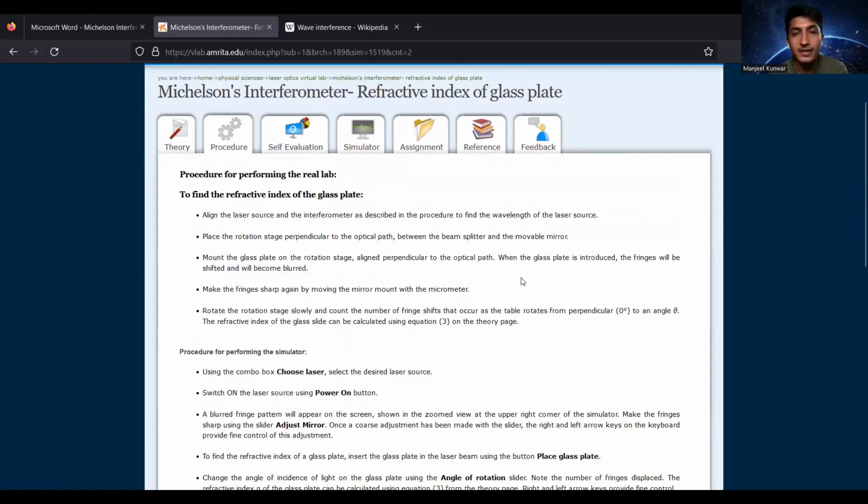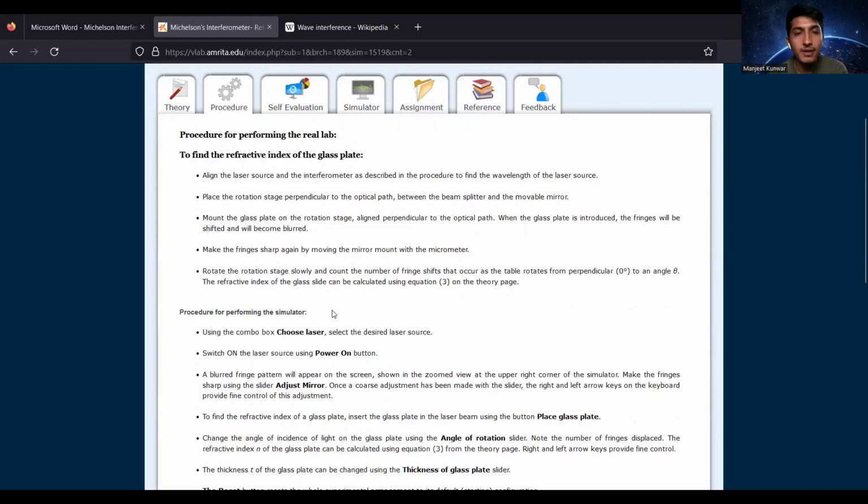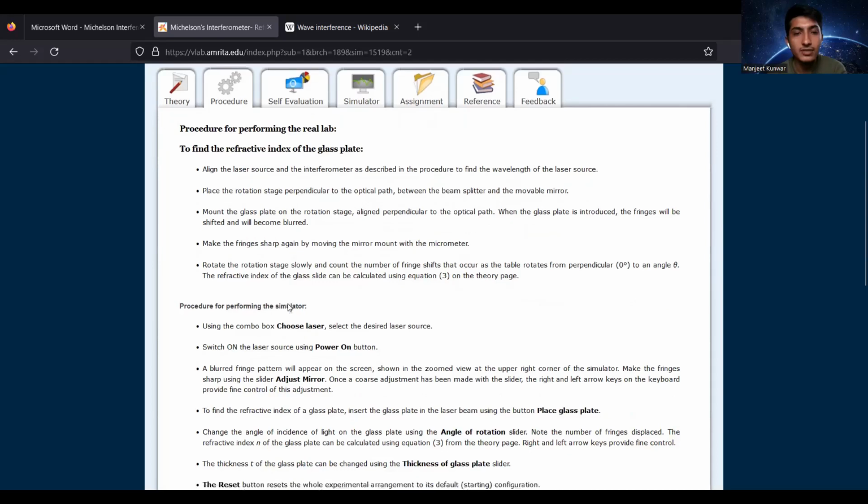When the glass plate is introduced, the fringes will be shifted and blurred. Make the fringes sharp again by moving the mirror mount with the micrometer. Rotate the rotation stage slowly and count the number of fringes that occur as the table rotates from perpendicular, 0 degrees, to the angle. The refractive index of the glass slide can be calculated using equation 3.